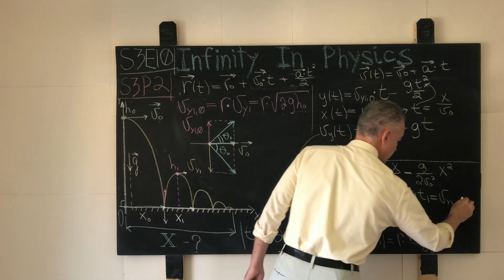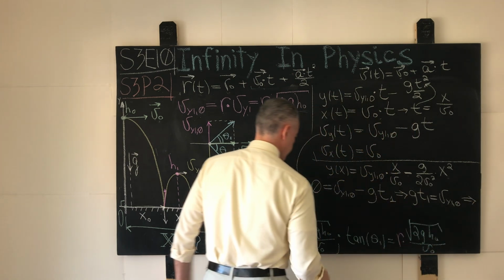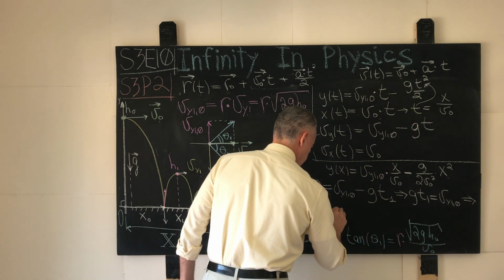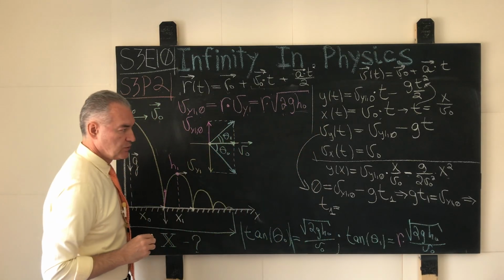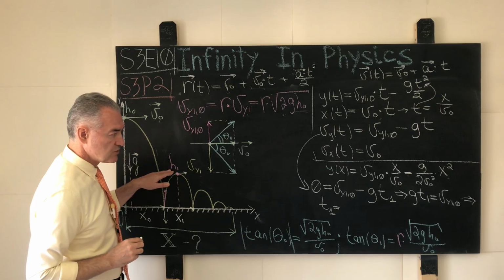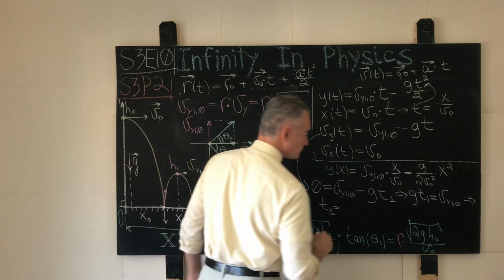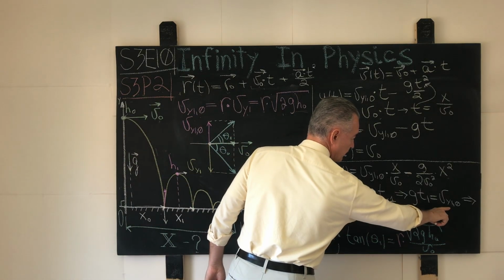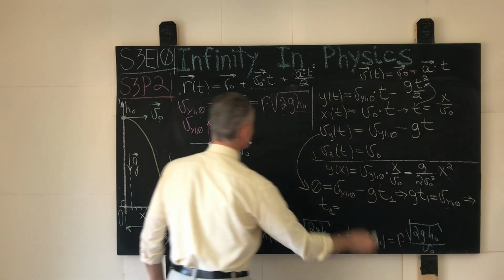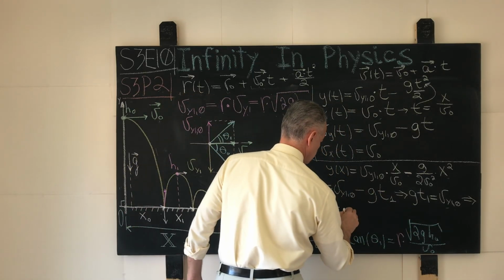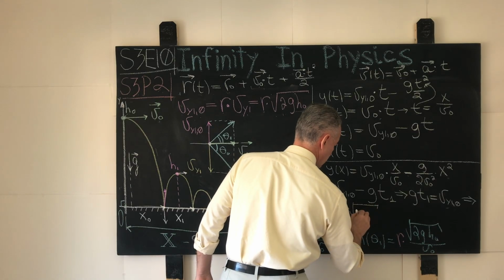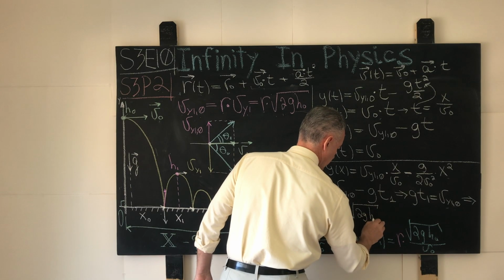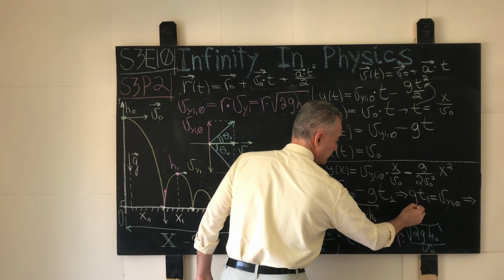So let's write down, from here it follows that the climbing time t1 that the chicken will take in order to get to the point h1 will be what? It will be vy10, so this is r times square root of 2gh0, divided by g.